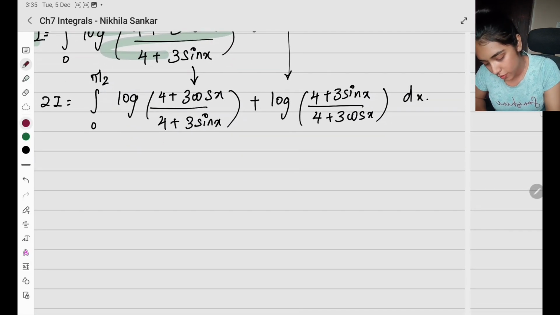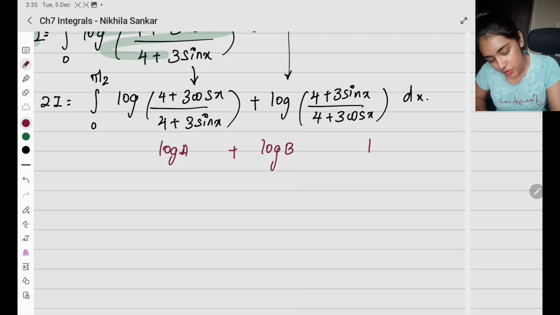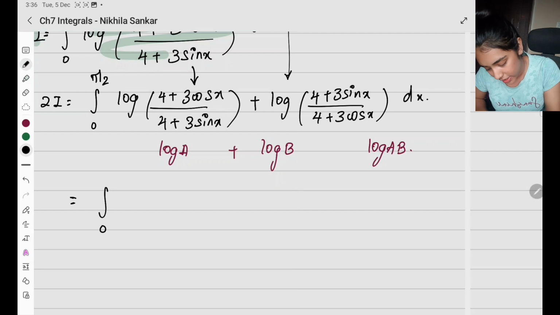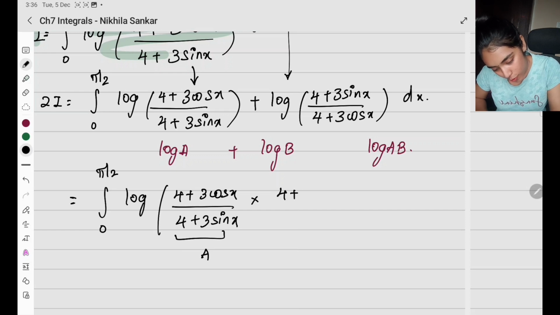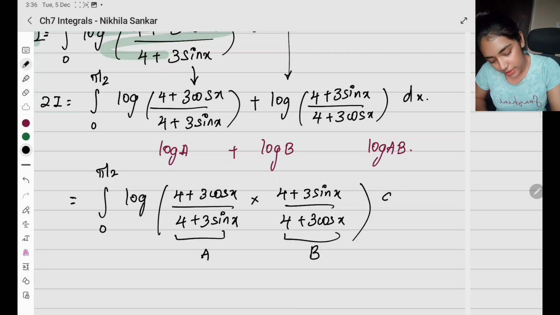Okay, so this is of the form log a plus log b, which is going to be log of ab. So when I solve this, I have integral 0 to pi by 2 of log of 4 plus 3 cos x by 4 plus 3 sin x, this is my a, times b, which is 4 plus 3 sin x divided by 4 plus 3 cos x, this is my b, times dx.